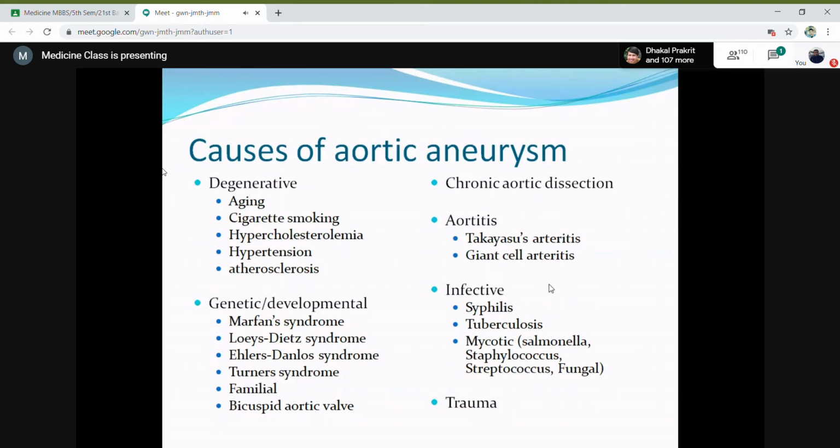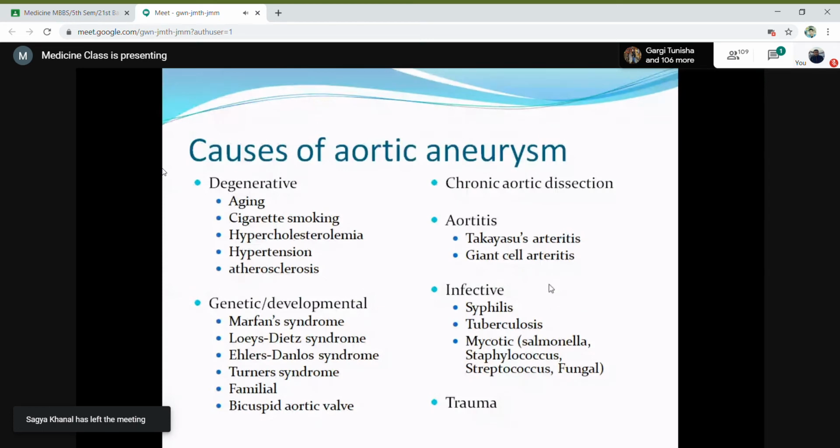So if the patient has Ehlers-Danlos syndrome, then there will be very loose joints and the skin will be very thin. This is the abnormality that we get in these patients.